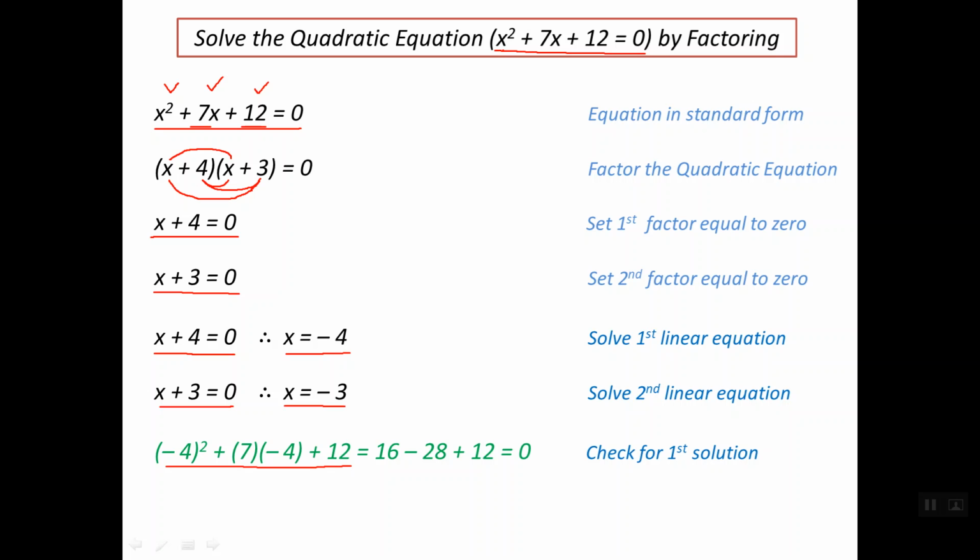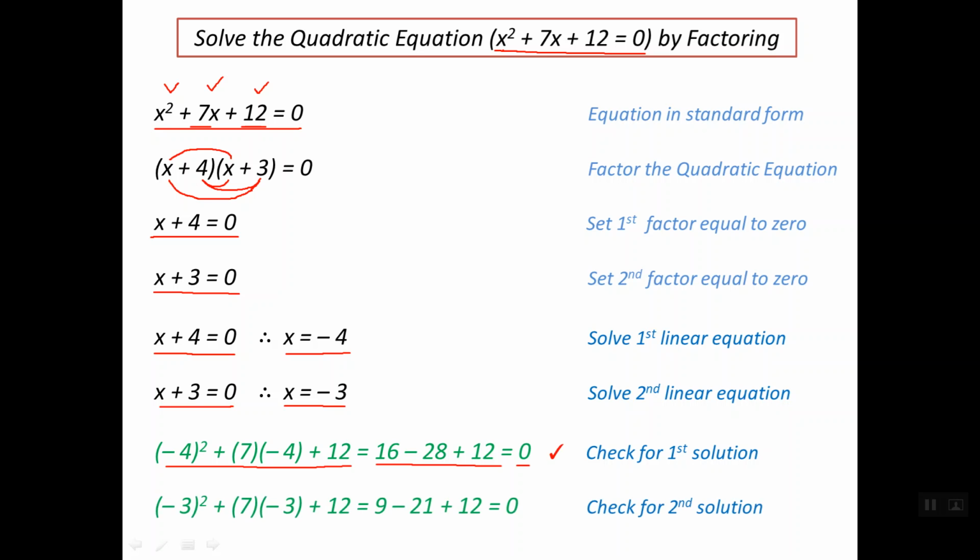So the first term is minus 4 squared, so we have 16, plus 7 multiplied by minus 4 is minus 28, plus 12. So 16 plus 12 is equal to 28, minus 28, so the result is 0. So the first checking is correct.